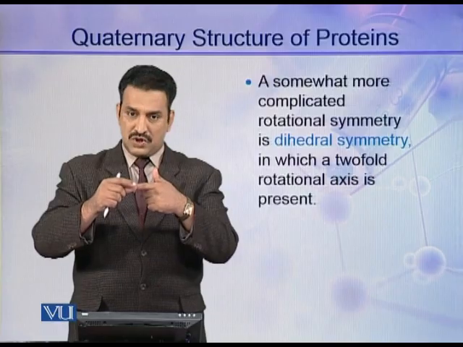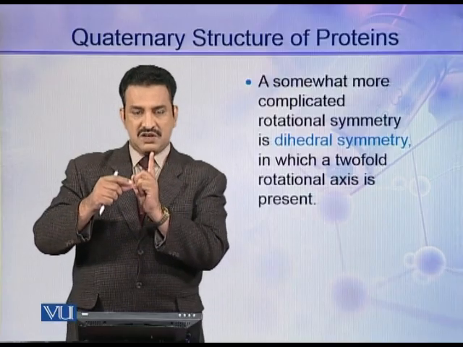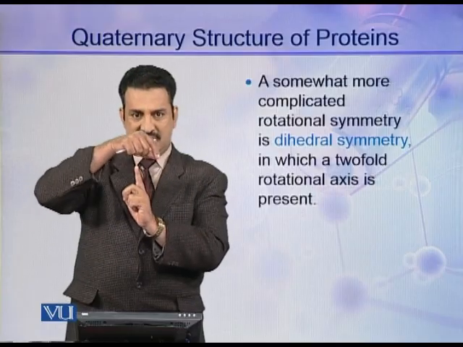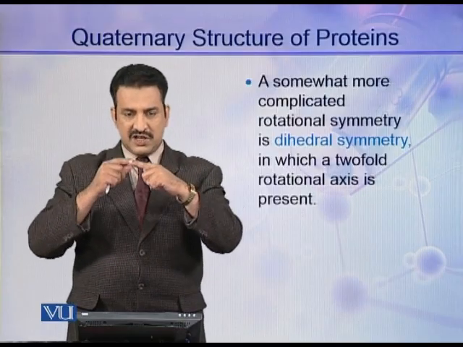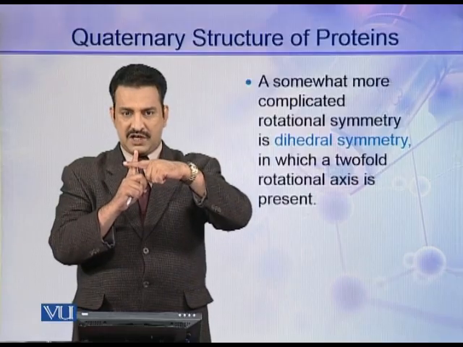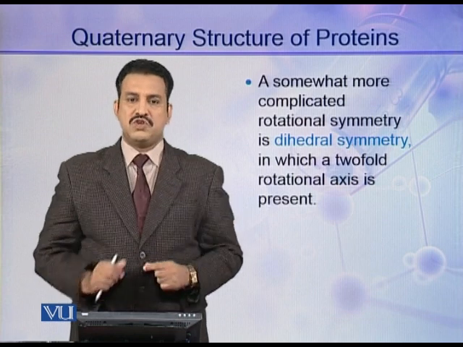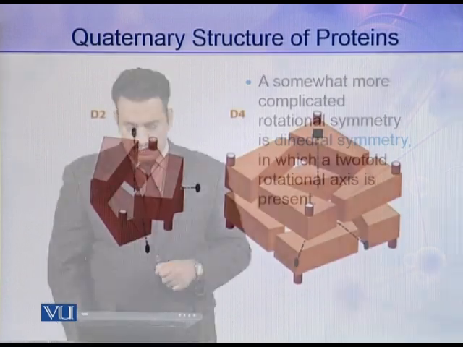And in the same molecule, there may be another rotational axis and molecules are arranged like this. So here 2 rotational axes are present which are normally at right angles to each other, and such symmetry is called dihedral symmetry.